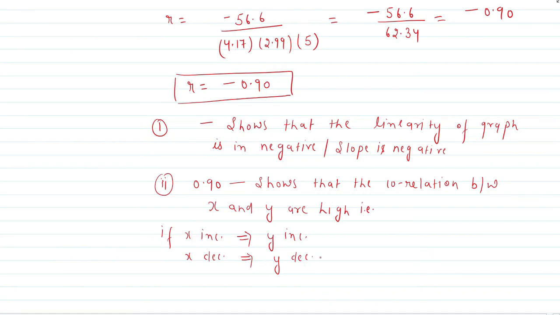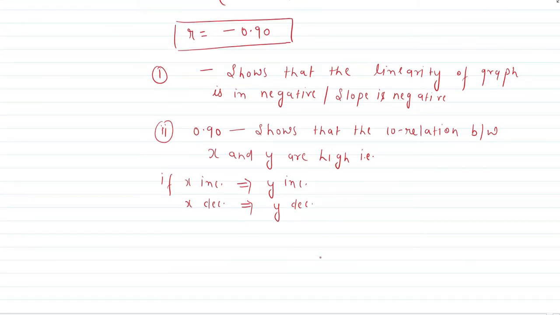Now the third and last point you can sum up with is the scatter diagram. So roughly here I am drawing the scatter diagram. Of course you can see that my drawing is not good. Negative shows that the slope is negative, and 0.90 shows that the correlation is high.